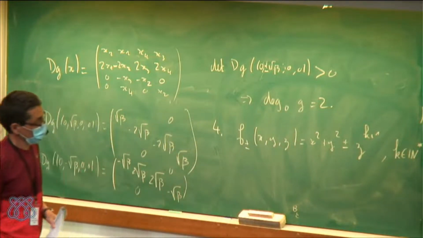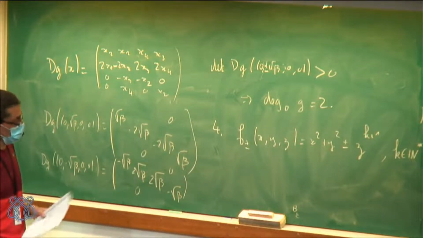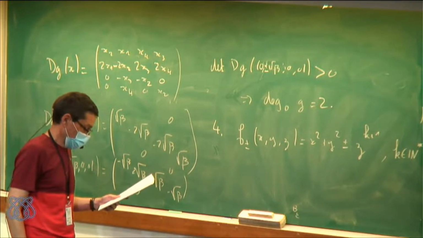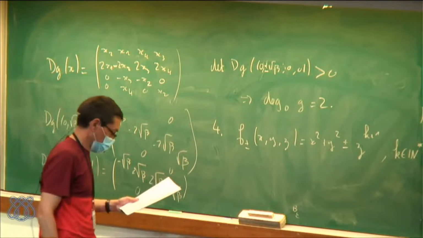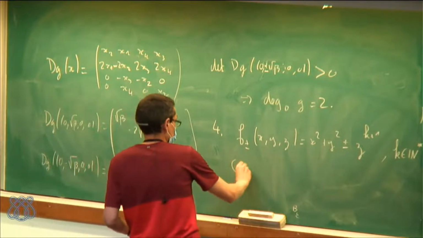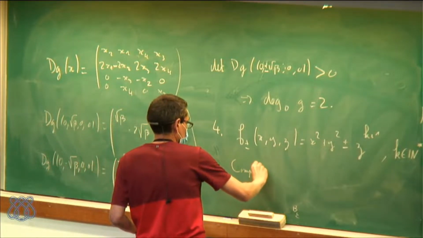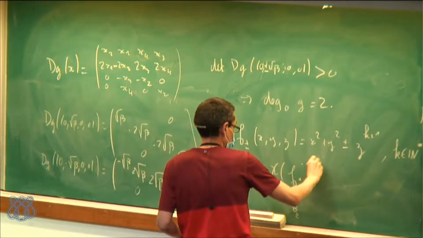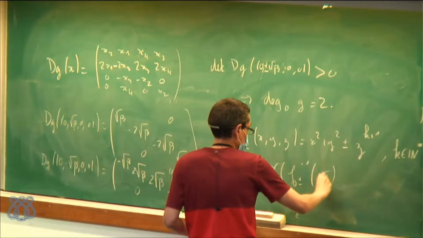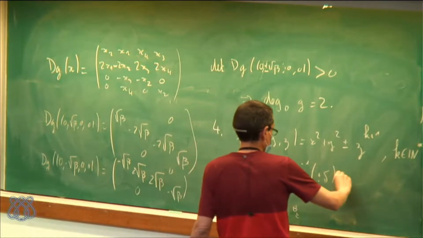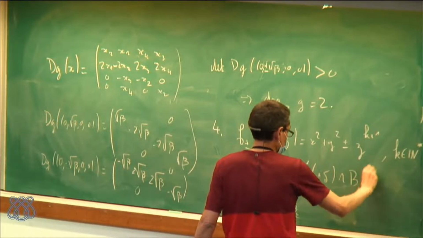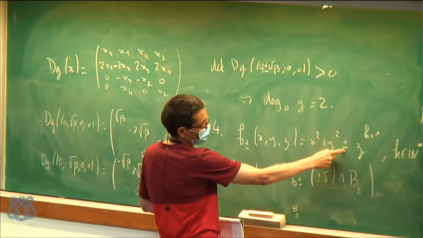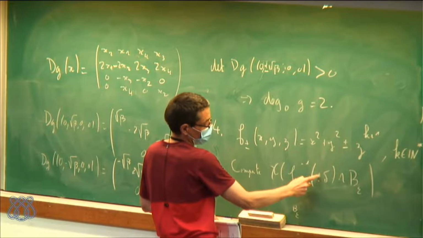Consider this function. Compute the Euler characteristic of the Milnor fiber. There are 4 of them now, depending on the plus or minus here, and then plus or minus.